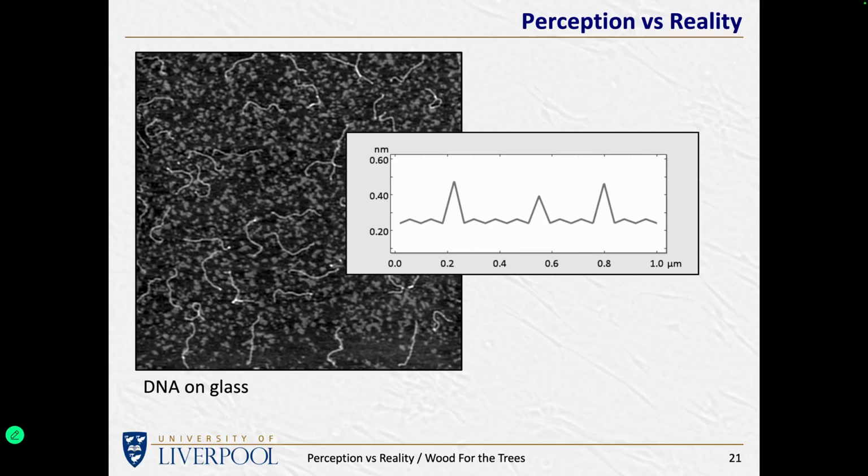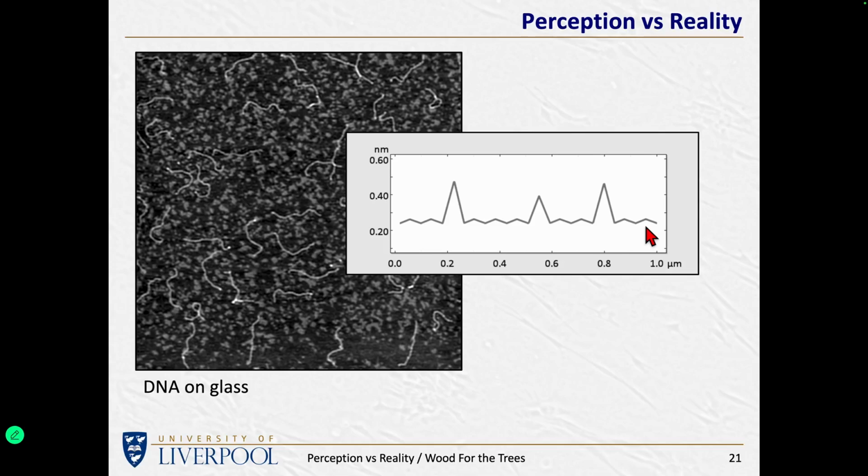We think that if we slice through it and ask what the height as a function of position looks like, we've got some mottling in the background, and every once in a while something which is quite definitely higher than the background because it's whiter. We don't necessarily know what the scale is, but we quite obviously have objects sitting on this mottled background.